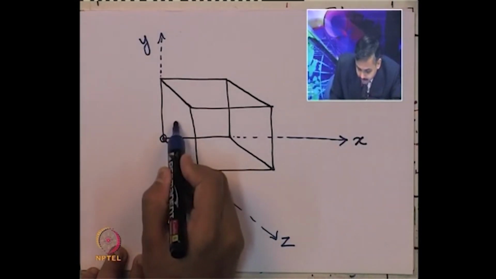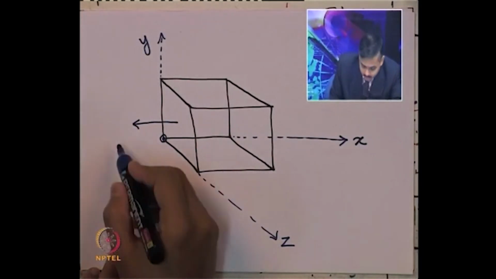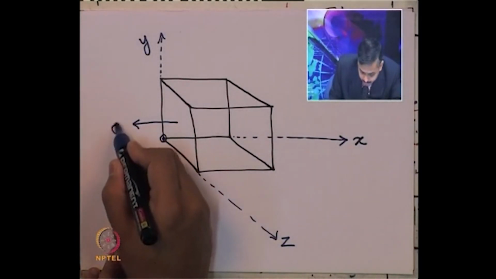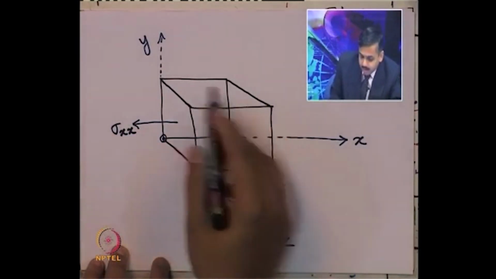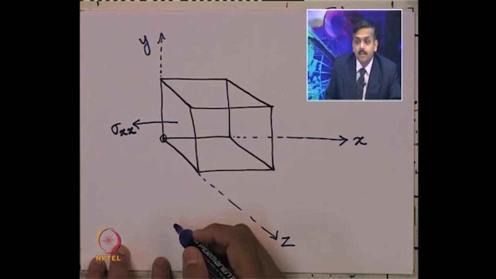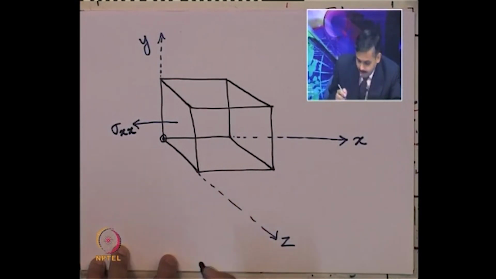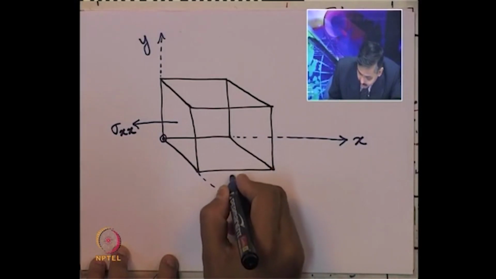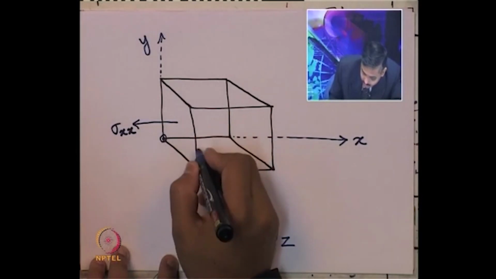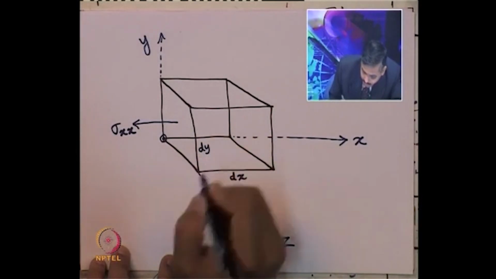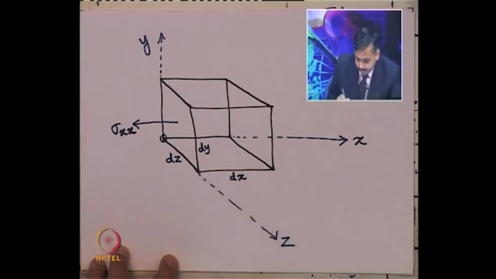On this face let us say the normal stress is sigma x x, and what are the dimensions of various sides of this small infinitesimal element? Let us say in x direction it is dx, in y direction it is dy, and in z direction it is dz.